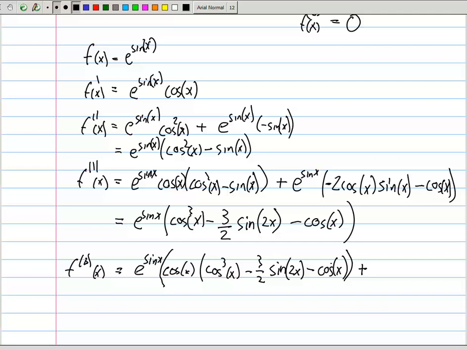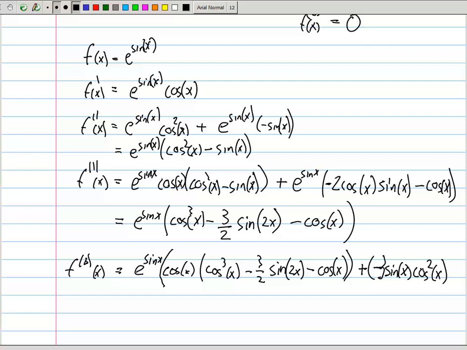Now it's going to be the derivative of the inside. Because we're already timesing by our e on the outside there, we are going to land up with derivative of cos cubed x, which is going to be minus 3 sine x cos squared x.